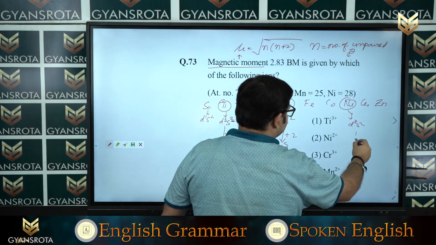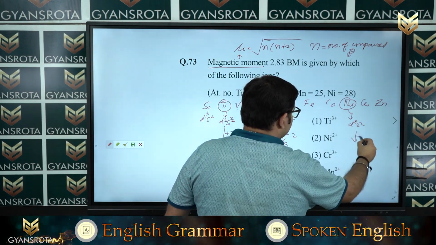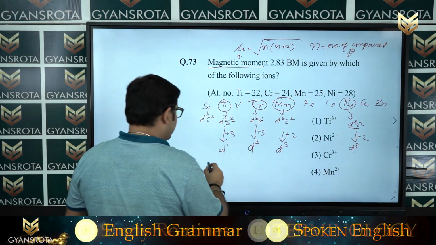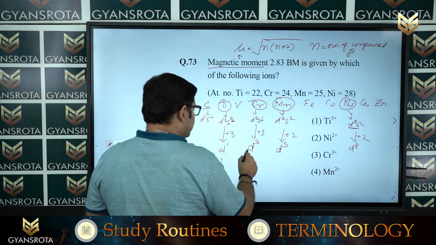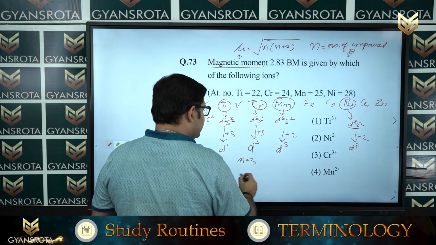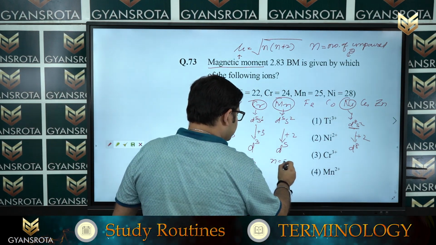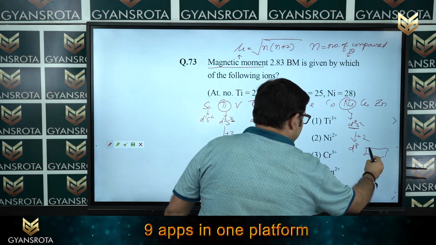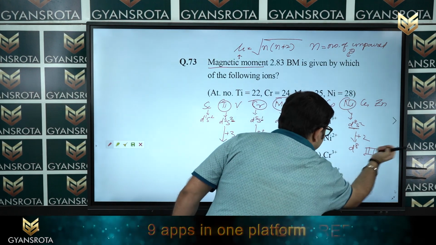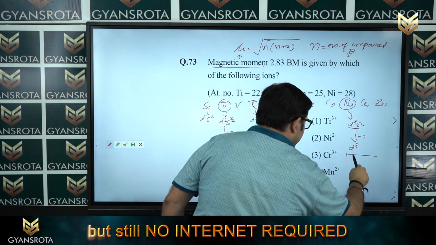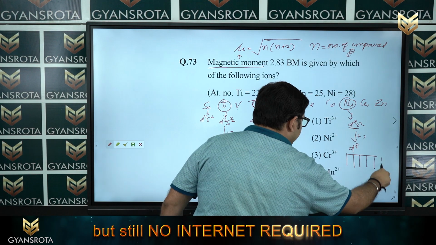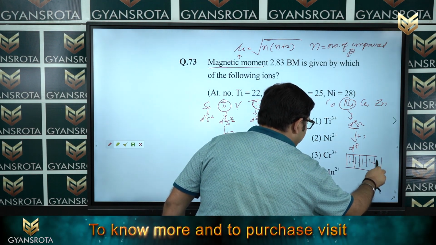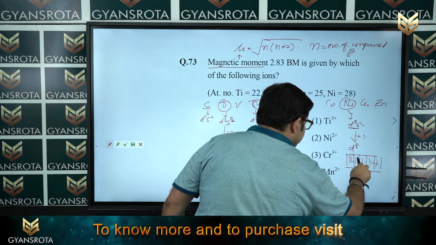Now, for nickel, the s2 will be plus 2 oxidation state, it will be gone, then it will be d8. Now, here number of unpaired electrons is 1, here it is 3, here it is 5, but in this case if you see, 1, 2, 3, 4 and 5, 1, 2, 3, 4, 5, 6, 7 and 8.